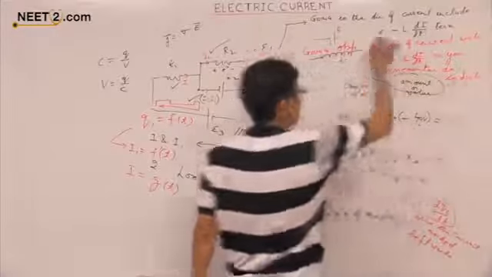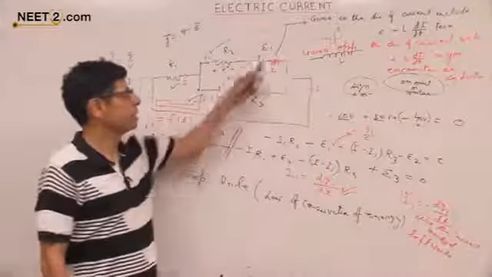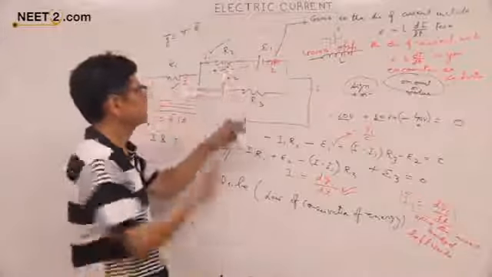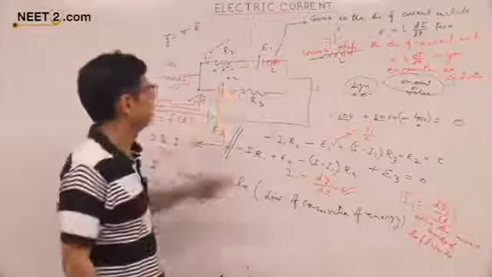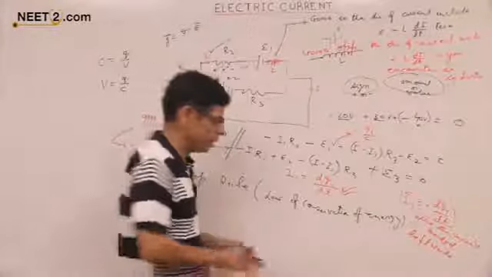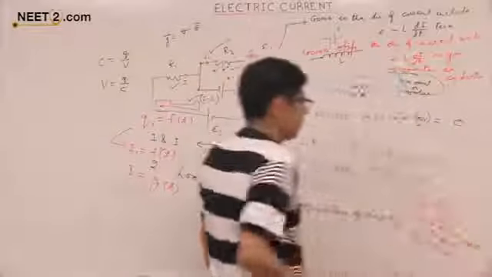Okay, so we have now taken care of all the 4 elements, capacitor and inductor, in the present chapter, resistor and cell. So we are now done with Kirchhoff's laws.